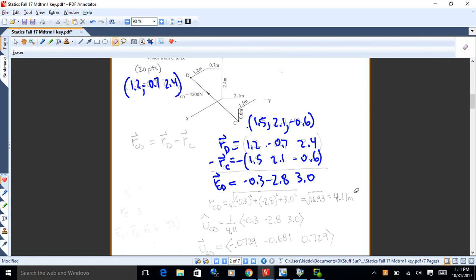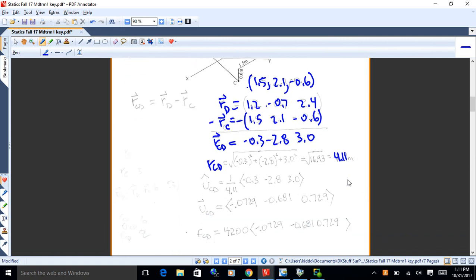Then what you do is you do the theorem of Pythagoras, and you'll find the length of RCD, and that's 4.11. Then you divide through by that to get the unit vector. So this will get you UCD, and that's 1 over 4.11, negative 0.3, negative 2.8, 3.0, and that'll get you the unit vector.